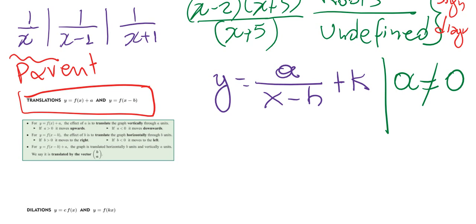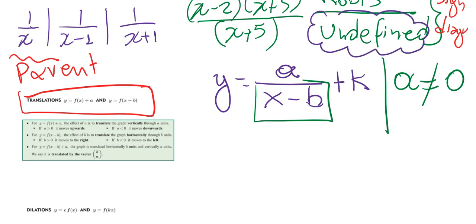The second one I want you to remember, very important as well. This part gives me the space where this function is defined or not defined. So remember, in the past we did that.